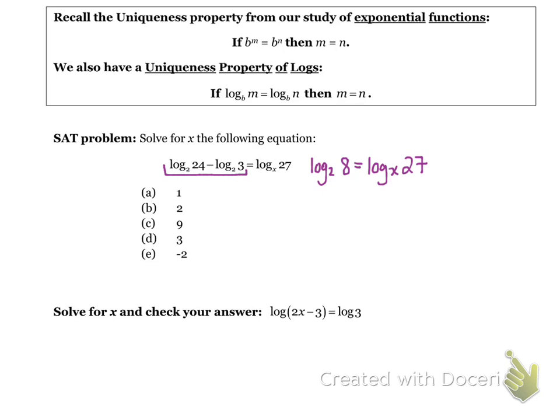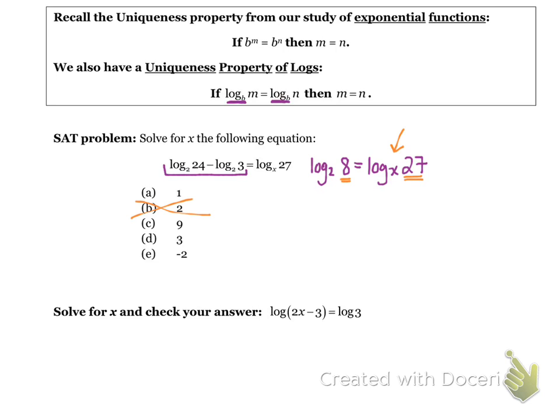Because of the uniqueness property, we can tell that x is not going to be 2, because 8 doesn't equal 27.